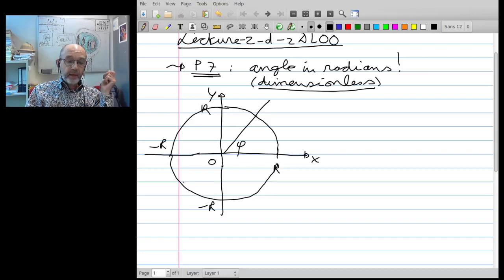Now then the length from 0 to the circle is r.